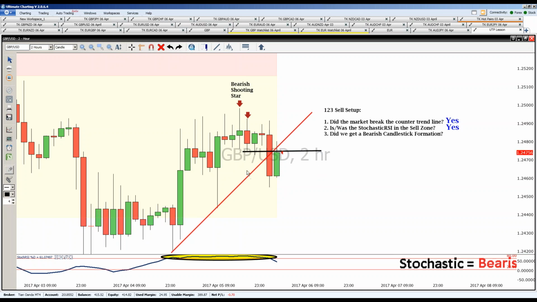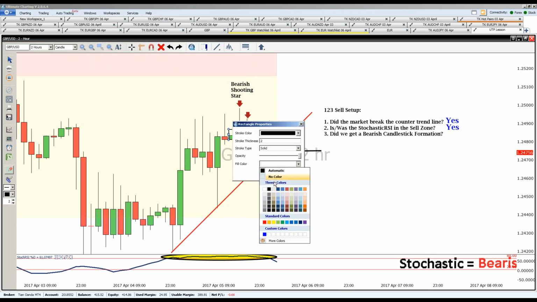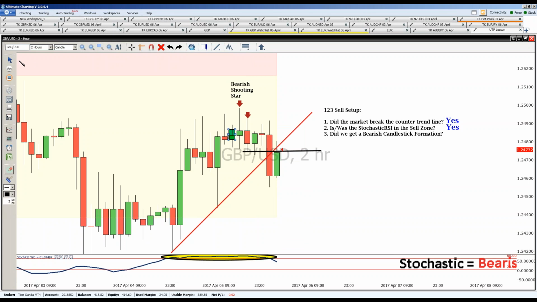Robert says it's an evening star. I am a little bit concerned because the preceding candle wasn't a bullish decision candle. If we had something like that, where we had a bullish decision candle, Robert, followed by an indecision candle, and then a bearish candle, then yes, we would have had one.